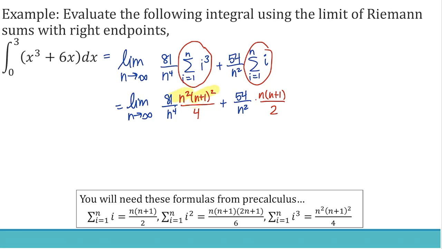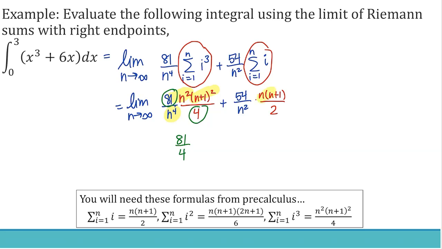So we have n squared on the top, so n to the 4th. And then on the bottom, we have an n to the 4th. And if the degrees match, then we're allowed to just take the leading coefficients, which would be 81 over 4. So the answer to this first limit at infinity is just the coefficients 81 over 4.